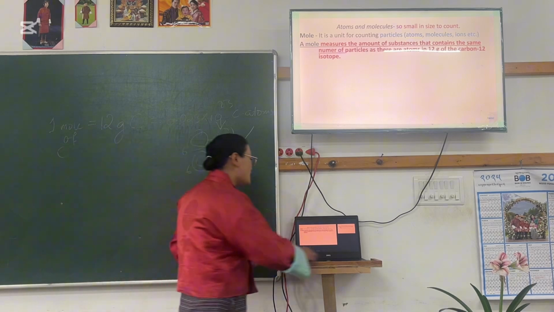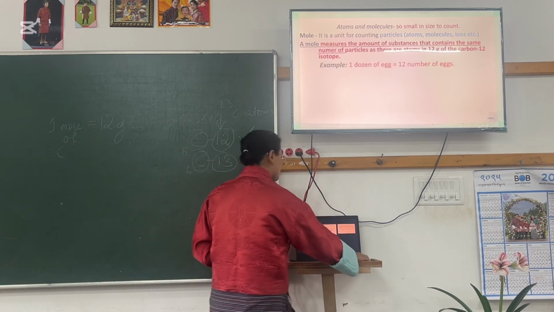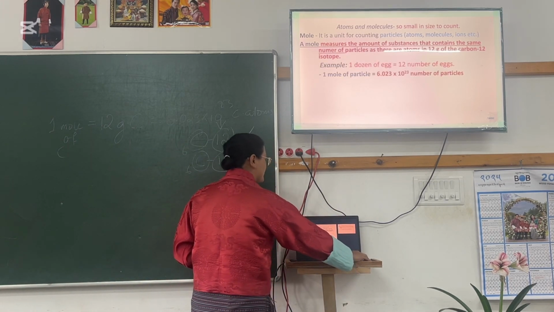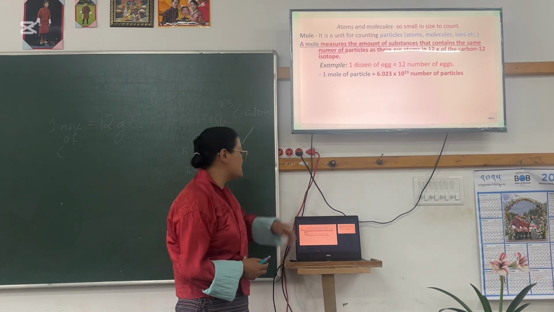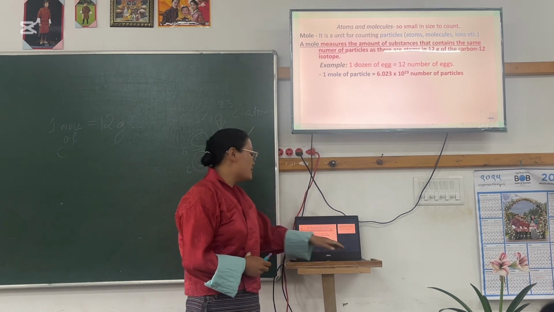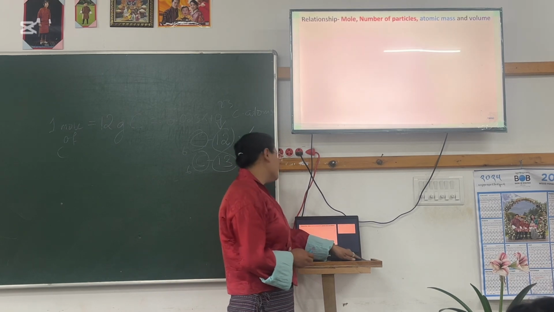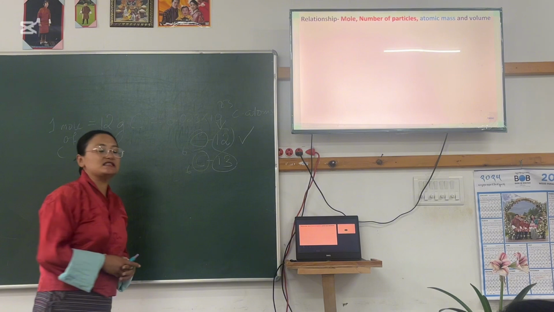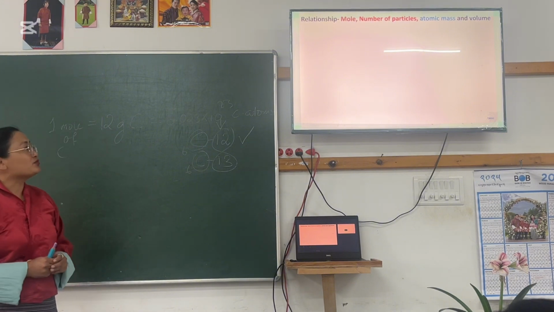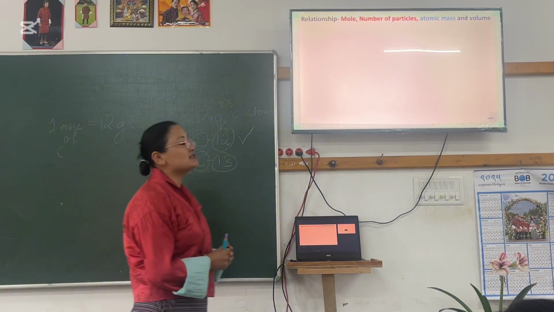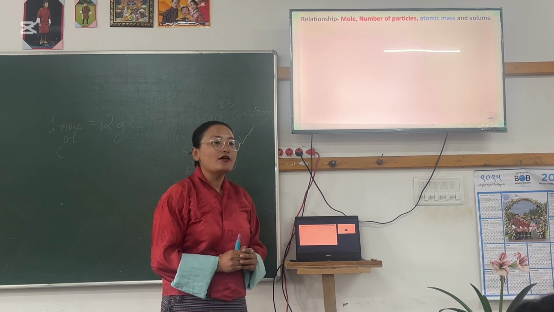For example, a dozen means 12 items, and 1 mole of particles means Avogadro's number of particles. So this is called 1 mole. Now we have to see the relationship between mole, number of particles, atomic mass, and then volume.